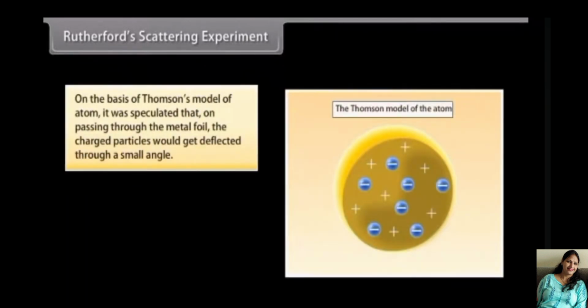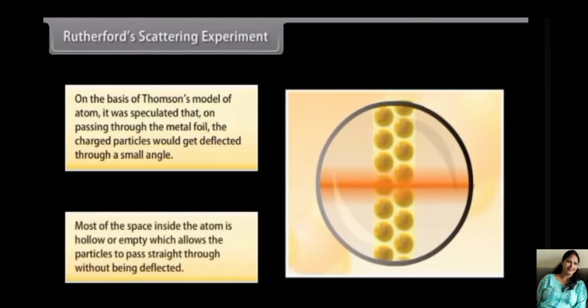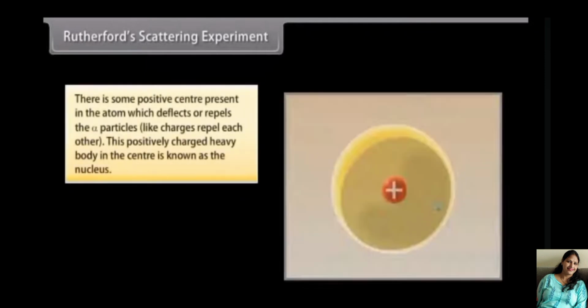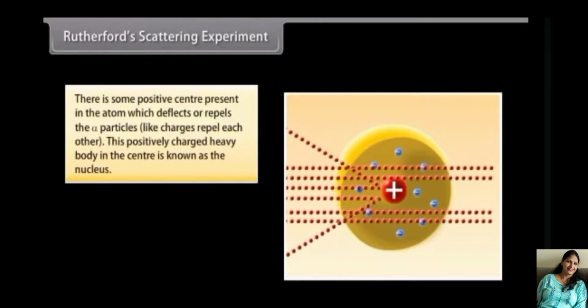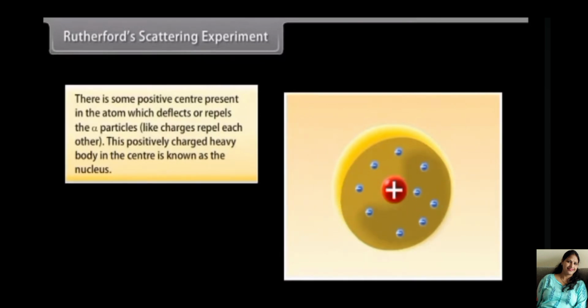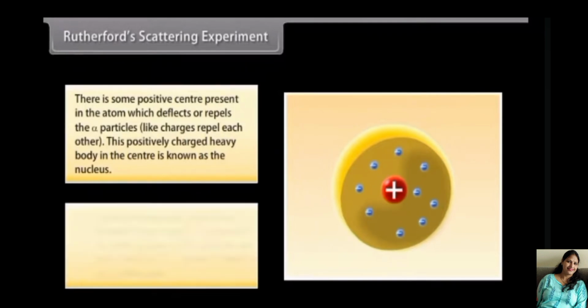Now, on the basis of Thomson's model of atom, it was speculated that on passing through the metal foil, the charged particles would get deflected through a small angle. Most of the space inside the atom is hollow or empty, which allows the particles to pass straight. There is some positive center present in the atom which deflects or repels the alpha particles. This positively charged heavy body in the center is known as the nucleus.